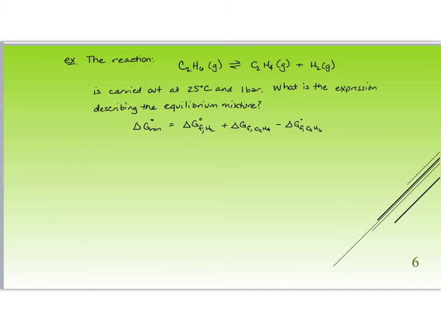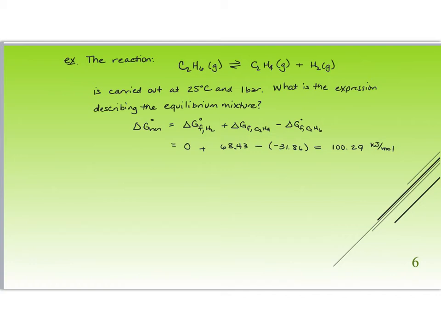So delta G of reaction is the delta G for formation of hydrogen plus C2H4 minus C2H6. And if we look those values up, I found 0, 68.43, and minus, and this was a negative 31.86, giving 100.29 kilojoules per mole.